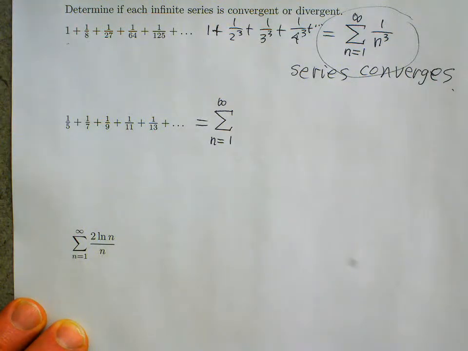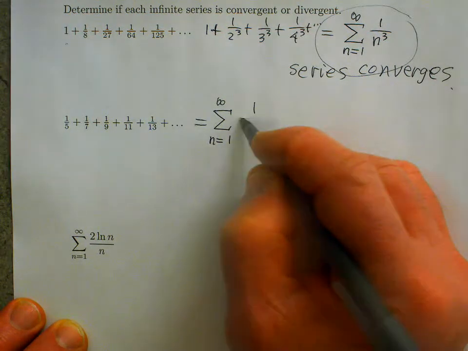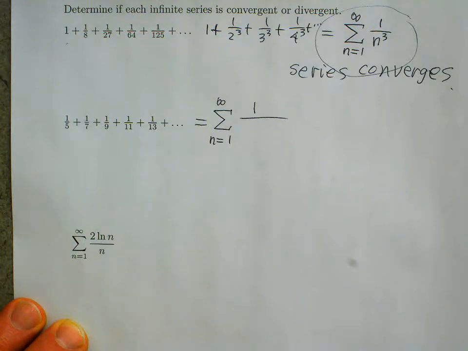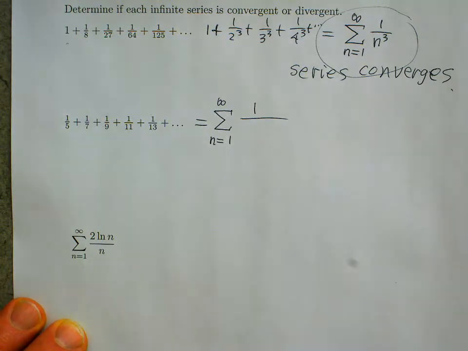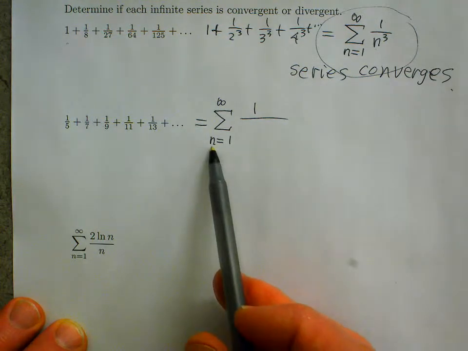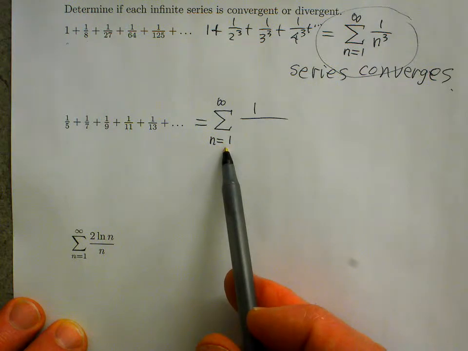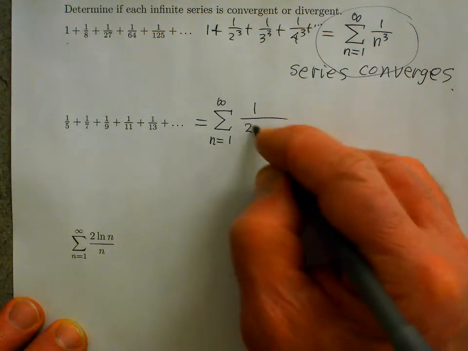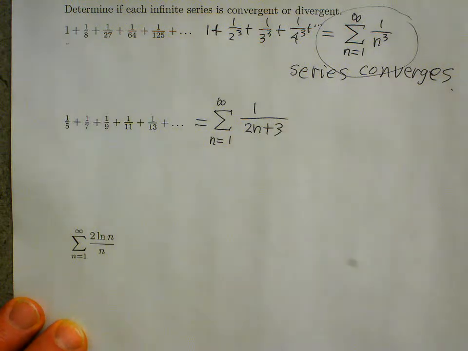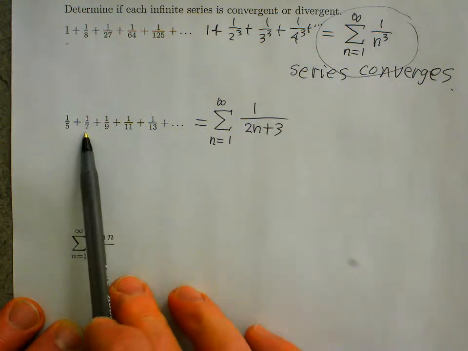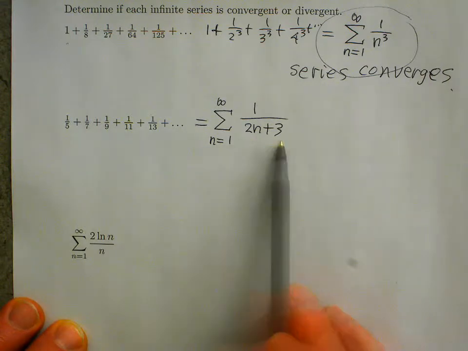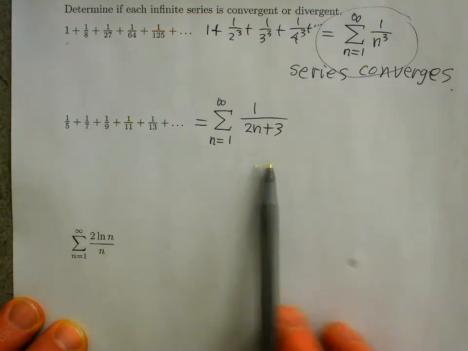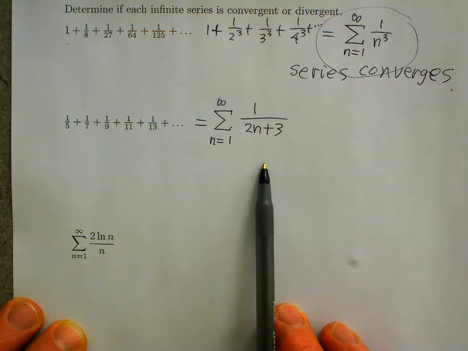So that gives you a hint that the denominator has a 2 times n in it. So let's see, when n is 1, 2 times 1 is 2 plus 3. So I'm going to try 1 over 2n plus 3. When n is 2, 2 times 2 plus 3 is 7. Yeah, so this appears to work. This is not a p-series, but you can use the integral test.